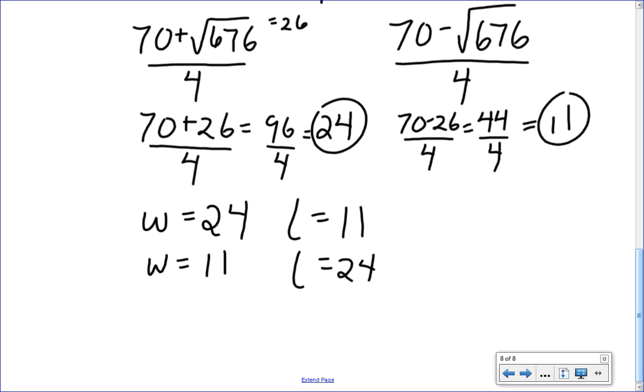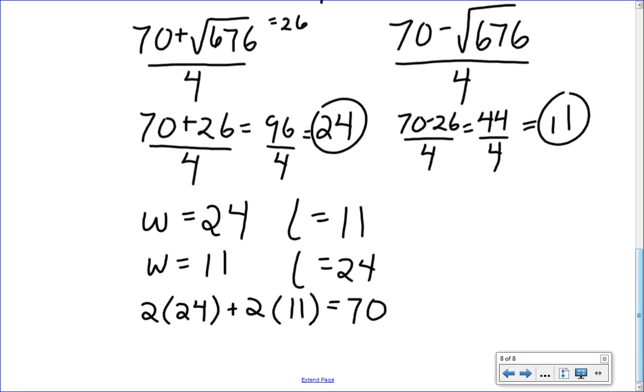We could plug this into a variety of the expressions presented and determine if that is true. So for example, you need 2L plus 2W to equal 70. So this is a true expression.